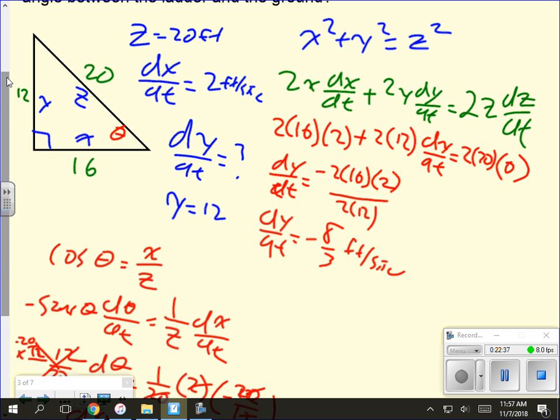Then you did something wrong. You can use the law of sines, but when you have right triangles, don't use the law of sines and cosines. And frankly, you will not need the law of sines or cosines for just about anything we do in here. Almost everything we do in this class is right triangles. And you should know your right triangle ratios.